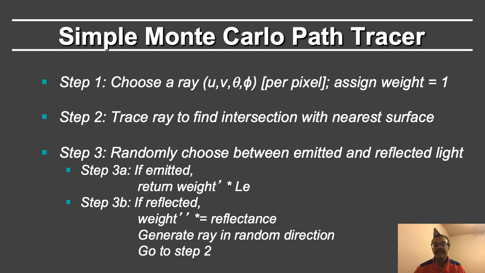If you are sampling an emission path, then you stop the ray there because you're directly hitting the light source for the emission, and you return whatever the weight is at that point times the emissive value or the emissive radiance. If you're considering the reflected path, then the weight gets multiplied by the reflectance. You generate a ray in a random direction, and at this point essentially do recursive ray tracing. You go back and trace another ray.